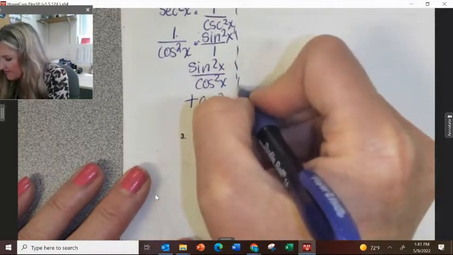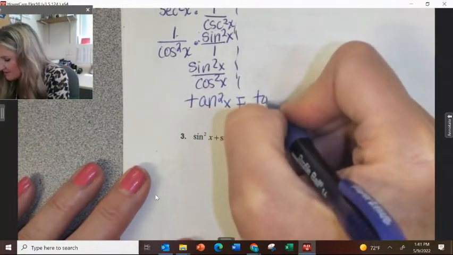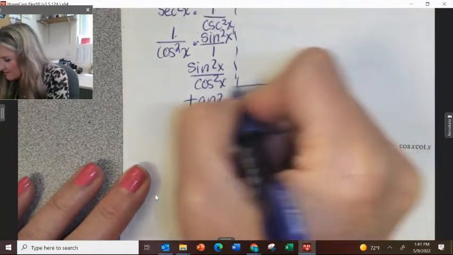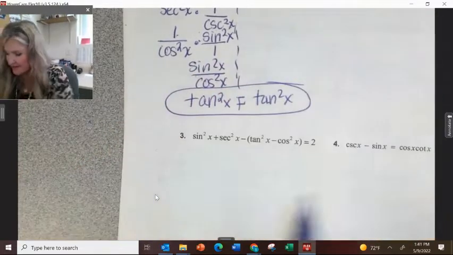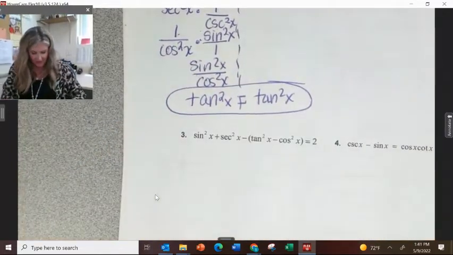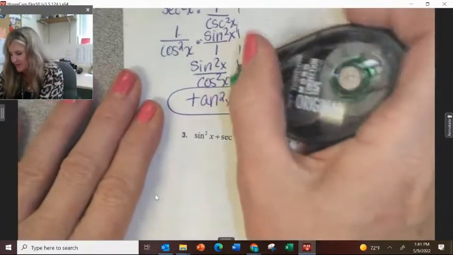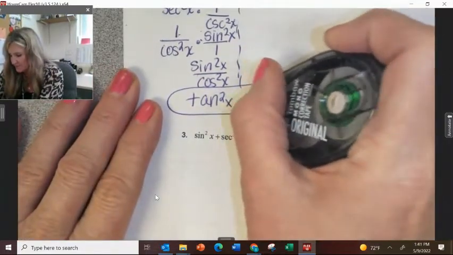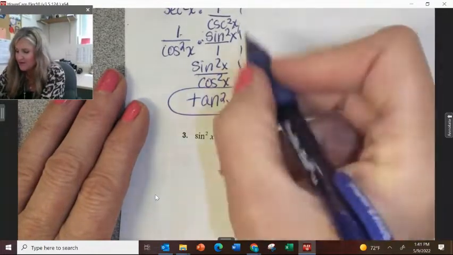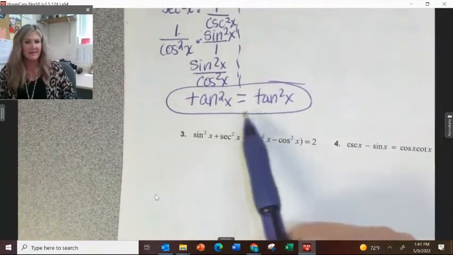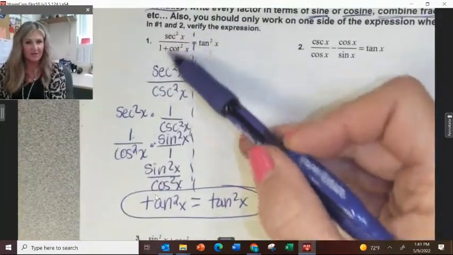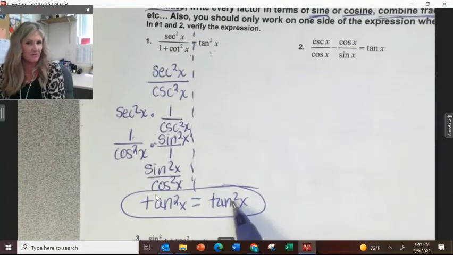And now I am finished. Victory right there. That doesn't say not equals to. It should say equals to. It's just my dotted line. So that's how I know I'm finished, is when I can make that statement and show that this side right here is equal to the other side.